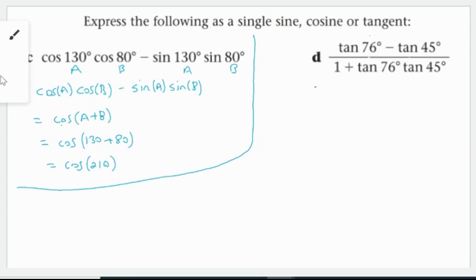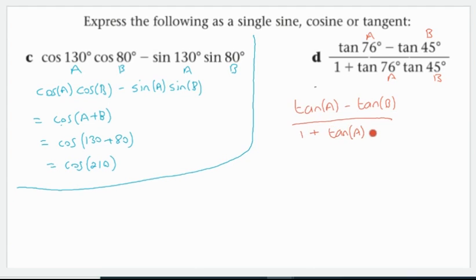If I call this A and this B, then this is A and this is B, and I end up with tan A minus tan B over 1 plus tan A tan B. And this is the expansion for tan of A minus B. So this is tan of, well, A was 76, B was 45.